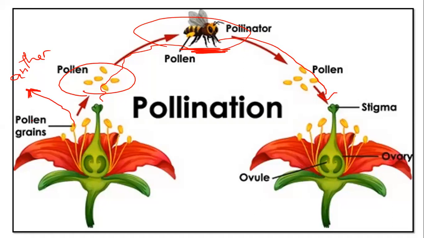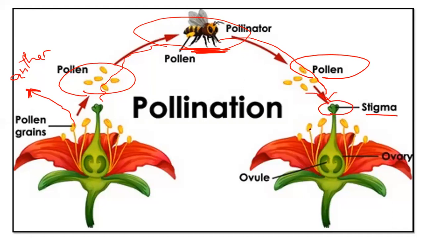Am I right? So the pollinator or the bees will just move around. Will go to flower A, to flower B, to flower C, to flower D. They will carry the pollen grains, and land on the stigma.